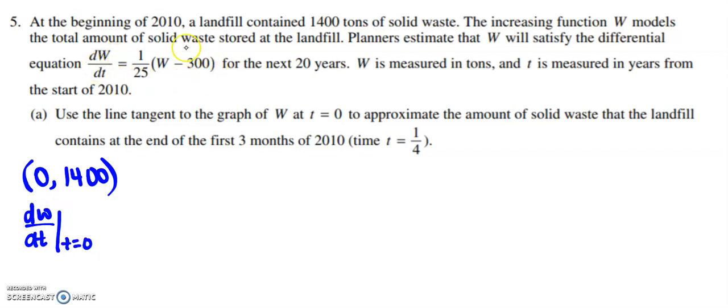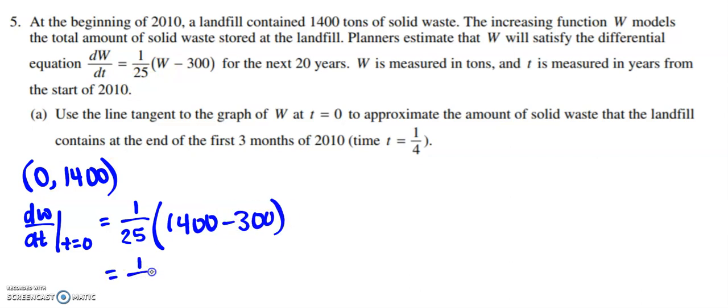Well, dW/dt is represented by this differential equation, so that's going to be equal to 1/25. My W at time 0 was 1,400. So if I continue to clean this up, I have 1/25 of 1,100.